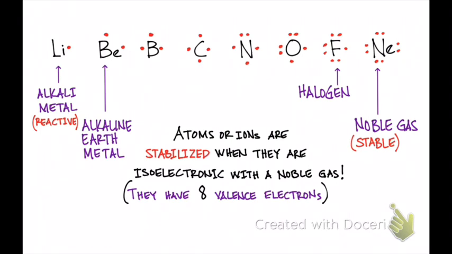A lot of metals and nonmetals tend to gain or lose electrons so that they become isoelectronic with a noble gas. When they have the same number of electrons as a noble gas, they are considered stable, because noble gases are themselves stable and unreactive.